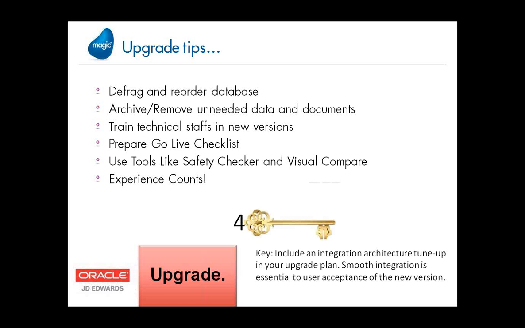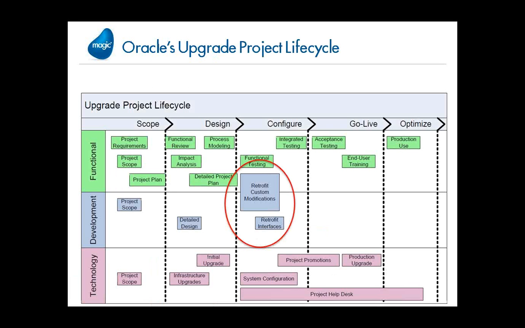who have the ability to provide you with excellent upgrades. So tip number 4 is to include an integration architecture tune-up in your upgrade plan. Smooth integration is essential to user acceptance of your new version. If the information isn't there because it's not integrated, then user acceptance and feedback is going to be negatively affected.